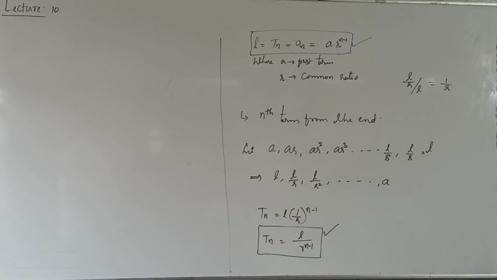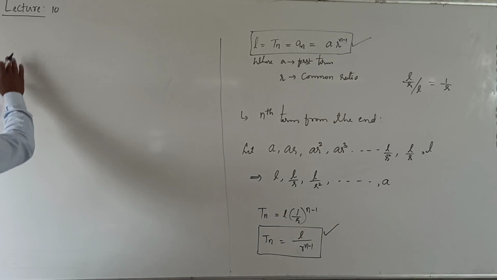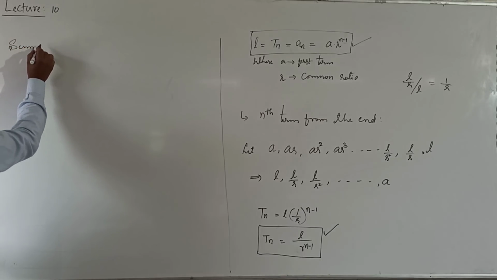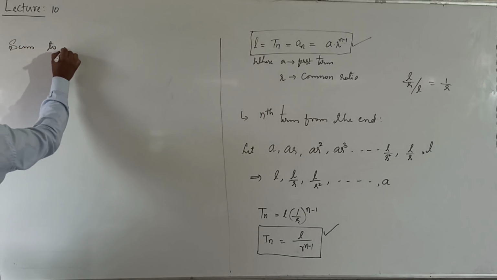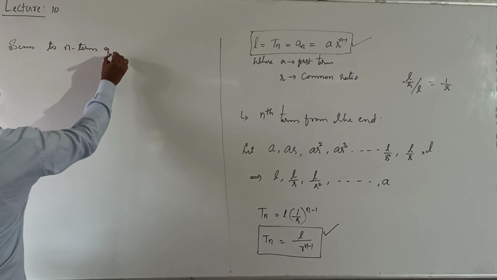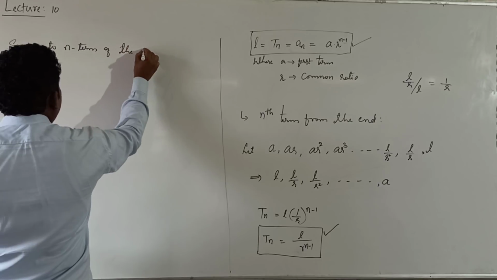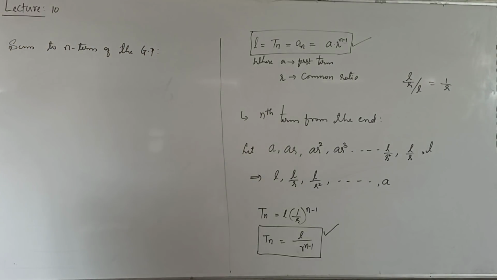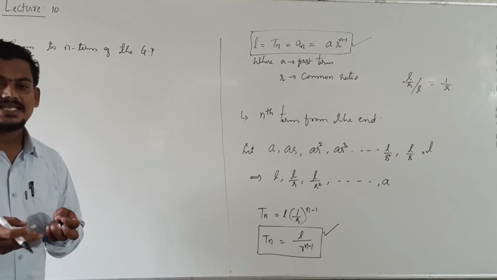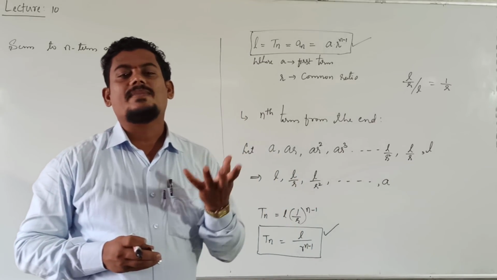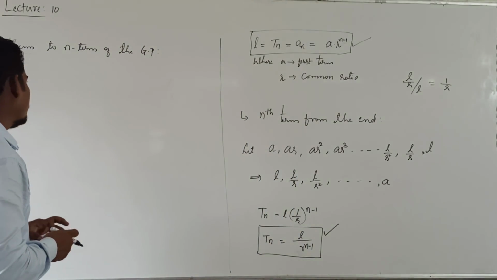Next, sum to n terms of the GP. Sum of first n terms of the GP. Again, notation is Sn. Already you know what is Sn. Sn means sum of first n terms.